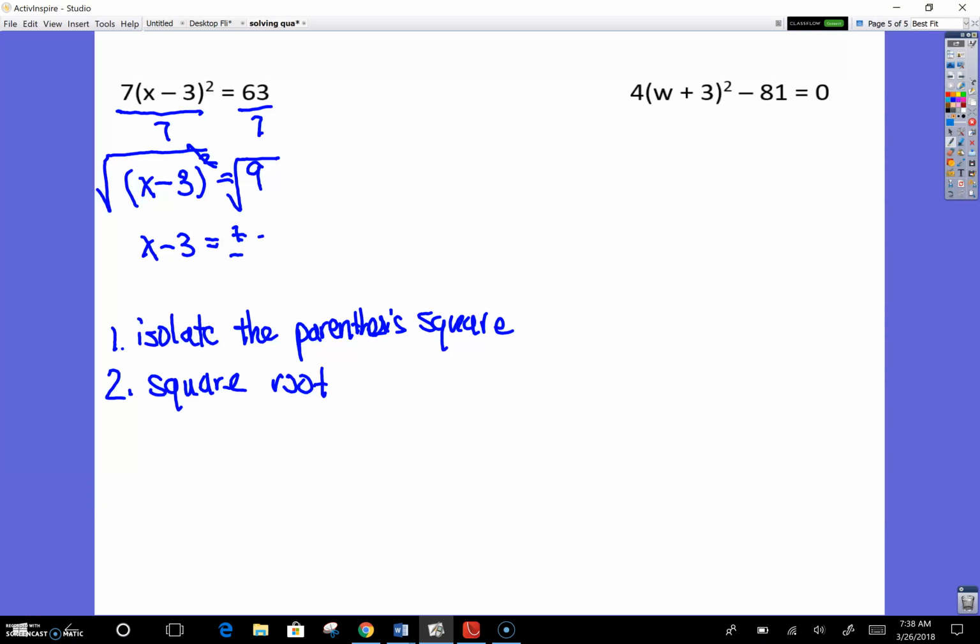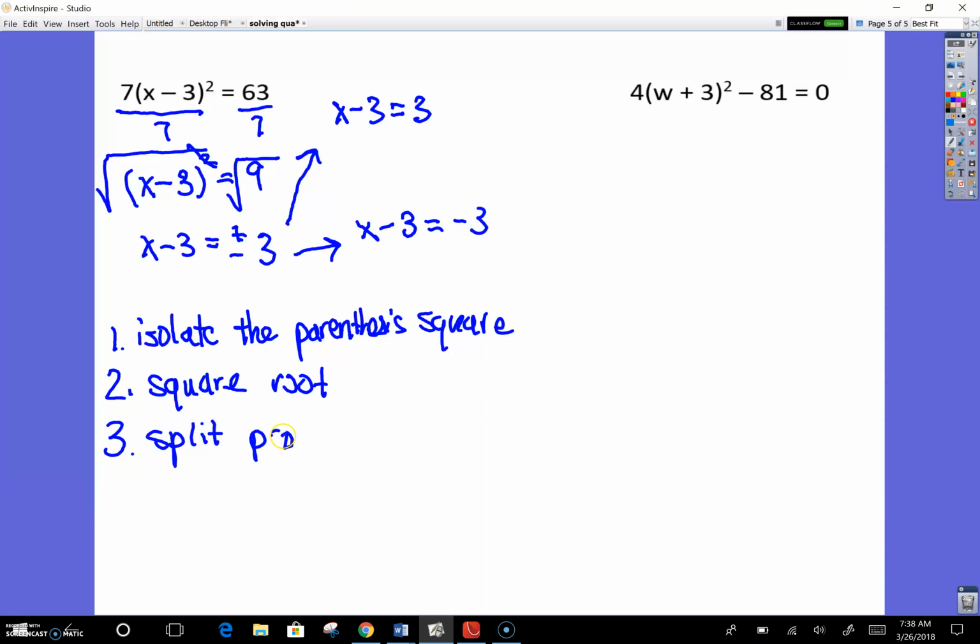the square root of 9, which is 3. So this is where now I split it into two different problems. X minus 3 is equal to positive 3. X minus 3 is equal to negative 3. Split the problem, then solve.